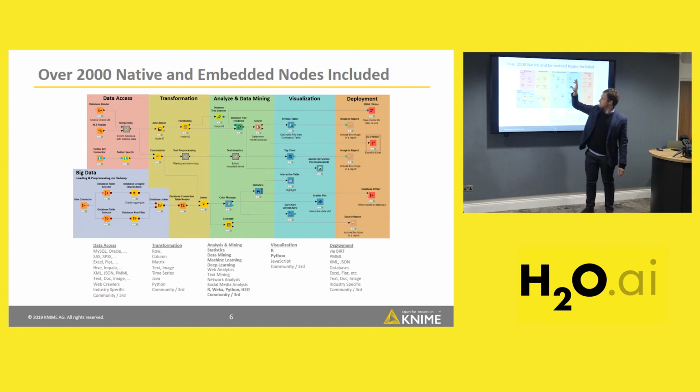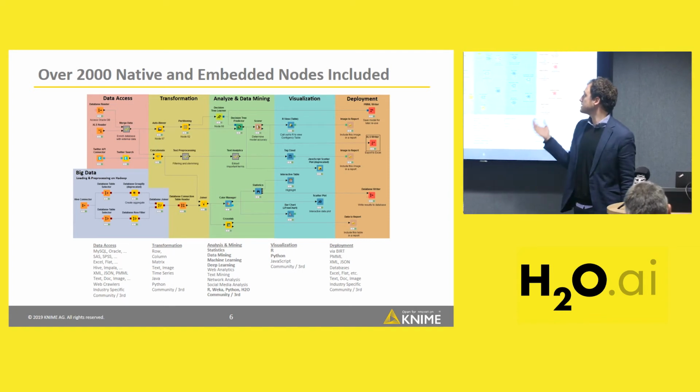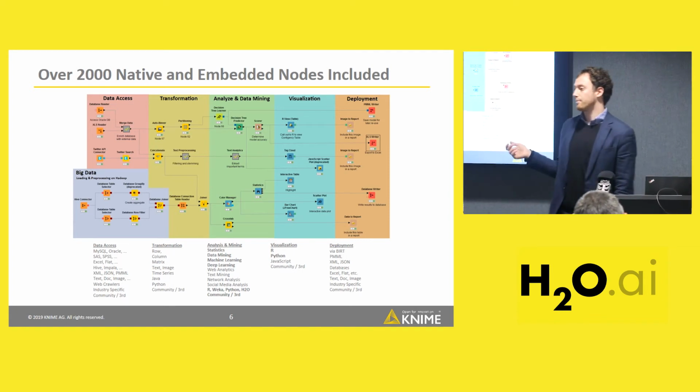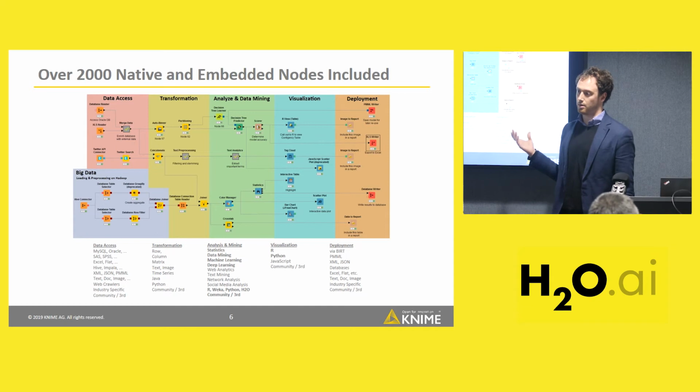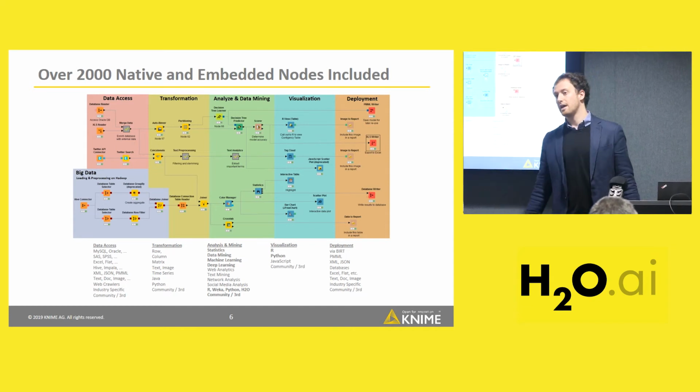And we try to divide the nodes in different groups, so that you have the ones to transform, to access data, to do machine learning models. We have the analyzing data mining nodes, then visualization nodes, and then the ones we need to deploy. For example, you want to write directly on the database what you have been processing, or to just write a file or generate a PDF.